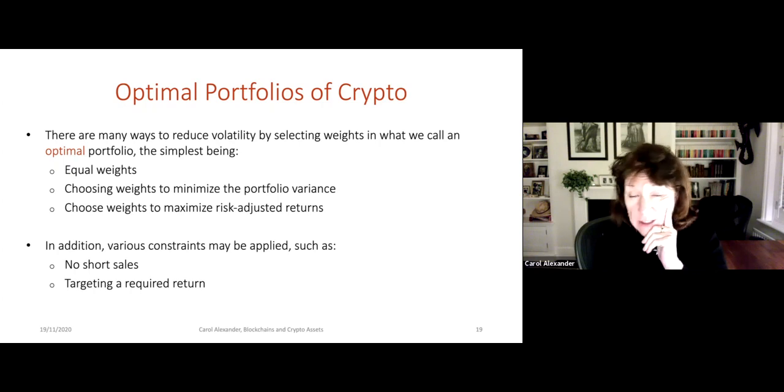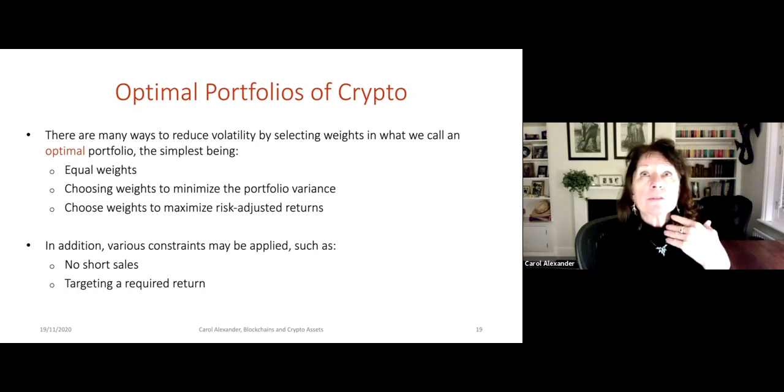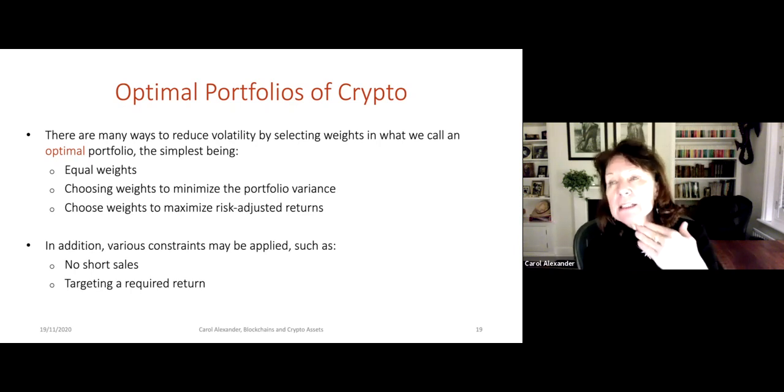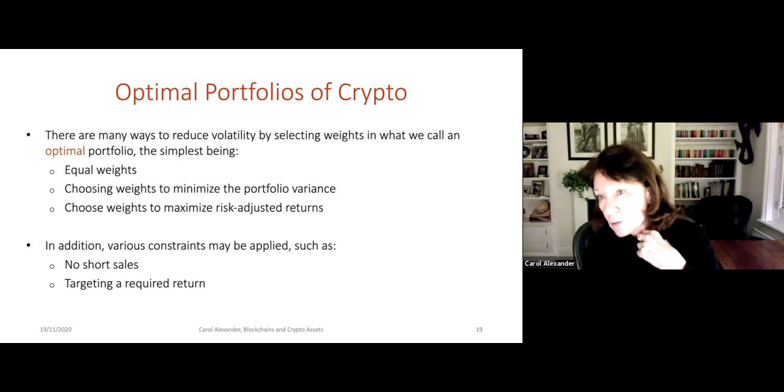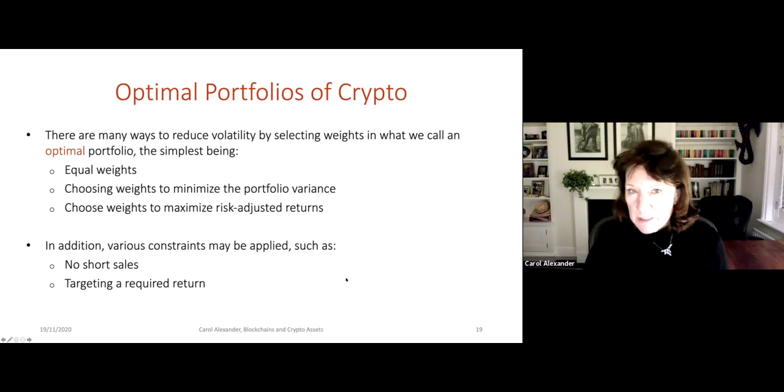And in addition to that, you can apply various constraints, such as no short sales or targeting a required return. So you want to minimize the variance, but you need to have at least a return of 10% per annum or something. Okay. So there's 100 different ways to optimize portfolios.